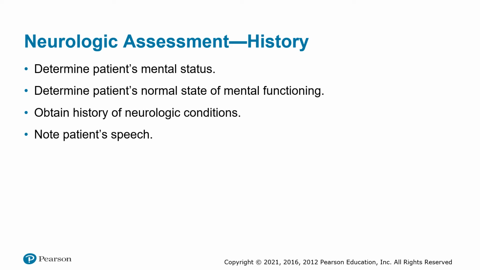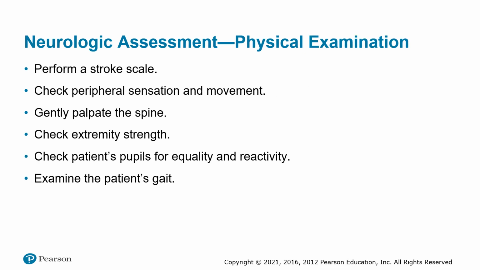If your patient has acute mental status changes, then I want to know what's normal and what has changed now. And then obtain a history of neurologic conditions such as seizures or stroke, or anything like that, and then note the patient's speech.